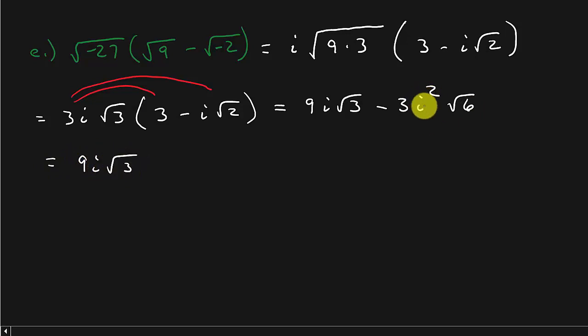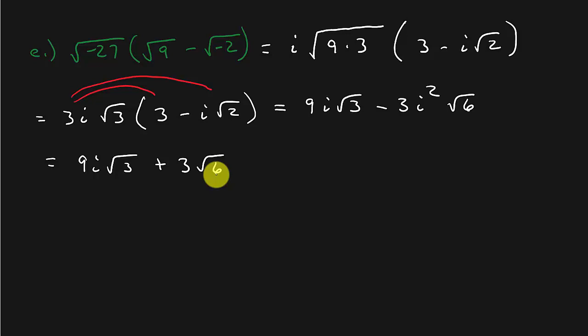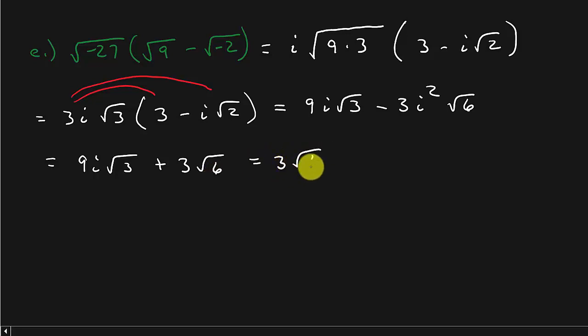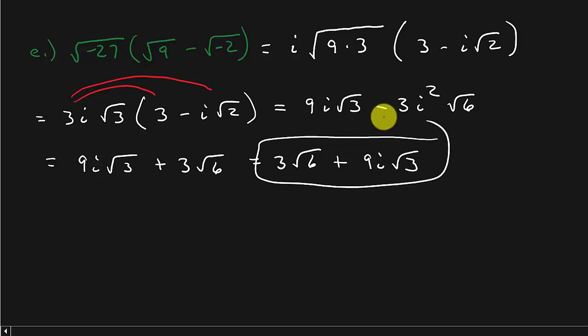Well, look at this. i squared is negative 1, negative 1, and a negative, that's positive. Right. And then, of course, we want to write it in the form a plus bi. And so that's going to be 3 square root of 6 plus 9i square root of 3. And there's your answer.